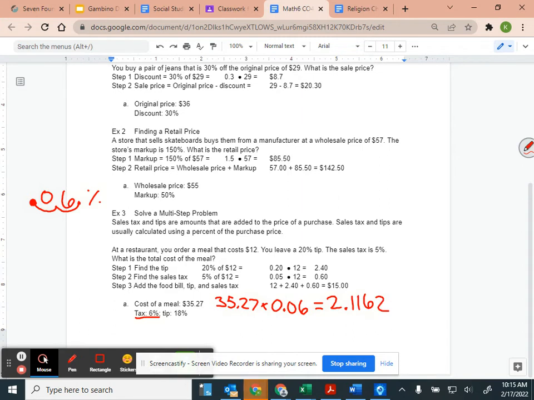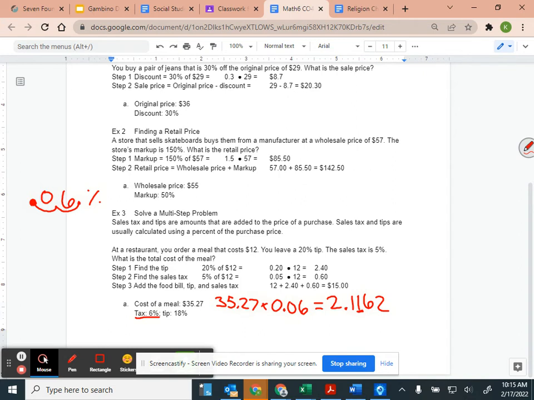2.1162, but we're dealing with money. So what do we want to do to that? If we're dealing with money, William, round to which place? We want to round to the 100th place, because when we deal with money, there's only those 2 places for the cents.